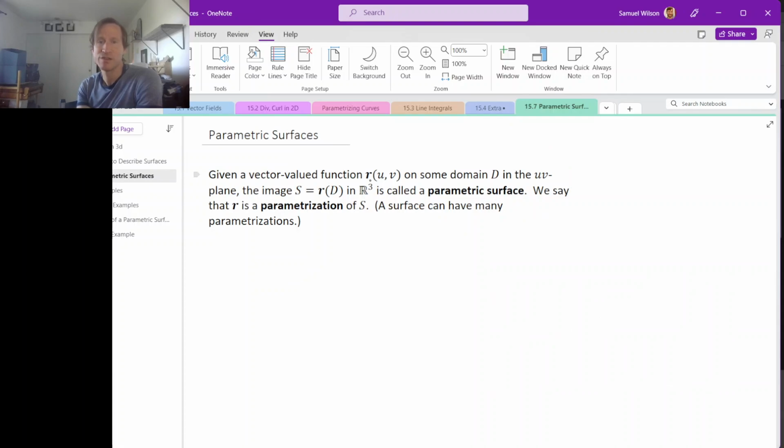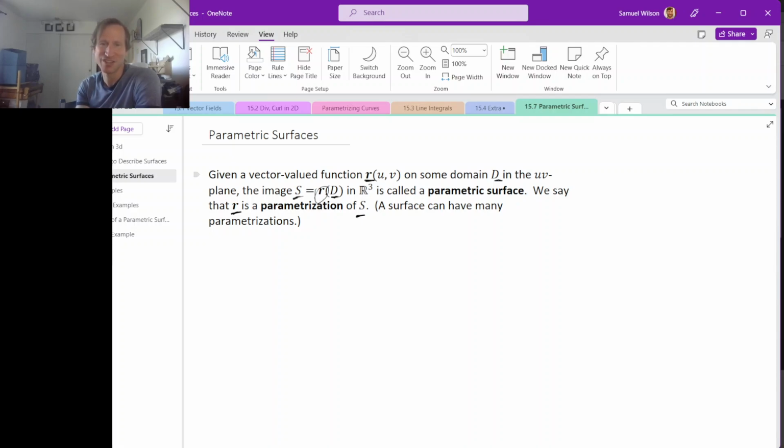So given some vector valued function and some domain D in the UV plane, the image of that region in the UV plane is called a parametric surface, and the vector valued function itself is called a parametrization of the surface. An image is just the collection of points that you get by putting all of the points in D into the function r.